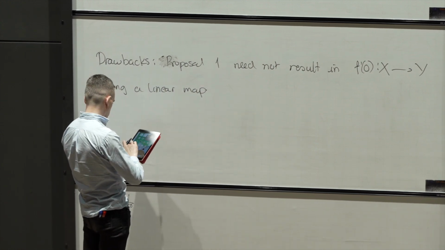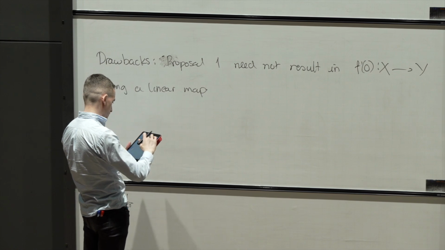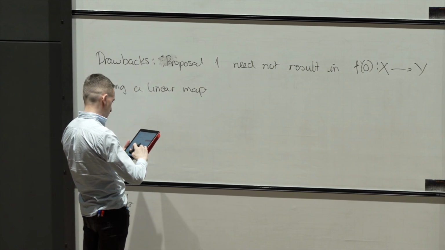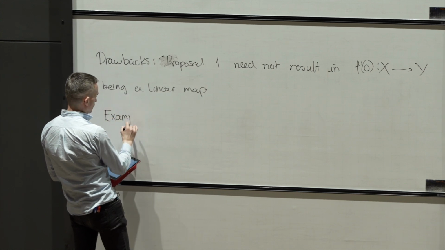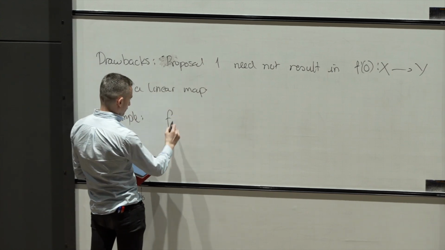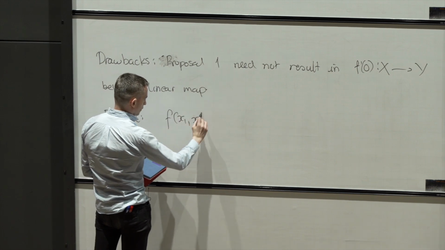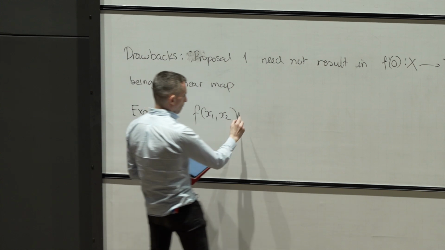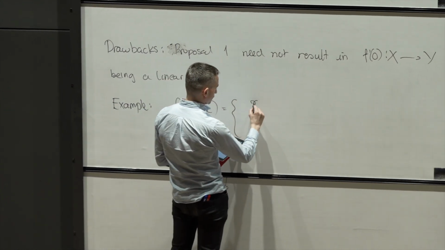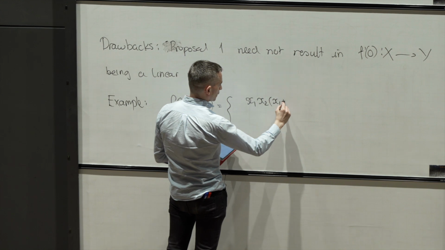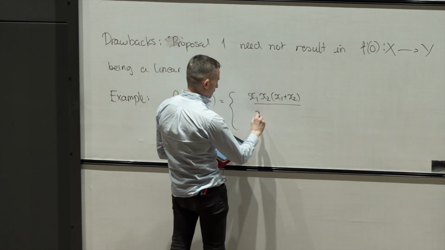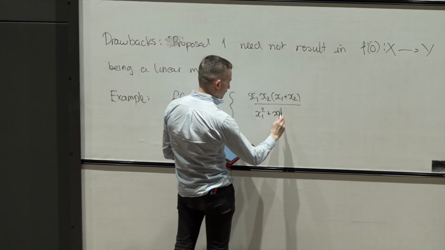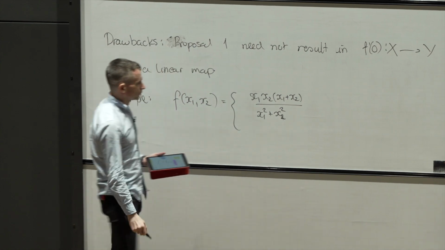Let's see. Yeah, let's take an example. So if I have f, a function on R2, and let's say it's equal to x1 times x2 times (x1 plus x2), all divided by the norm squared in the Euclidean sense of x.